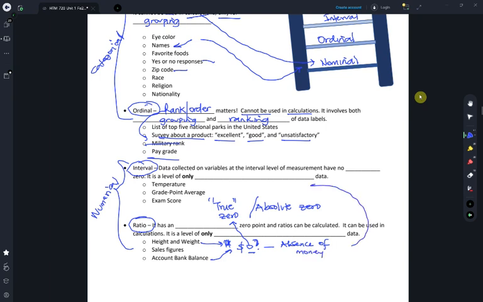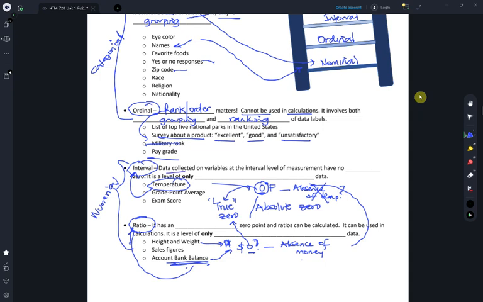Let me contrast that with if I recorded 0 degrees Fahrenheit for a particular city. Does this 0 mean absence of temperature? Absolutely not. That is not true. So this 0 in this case is not true 0. Temperature is therefore said to be at interval level of measurement, whereas account balance is at ratio level of measurement.